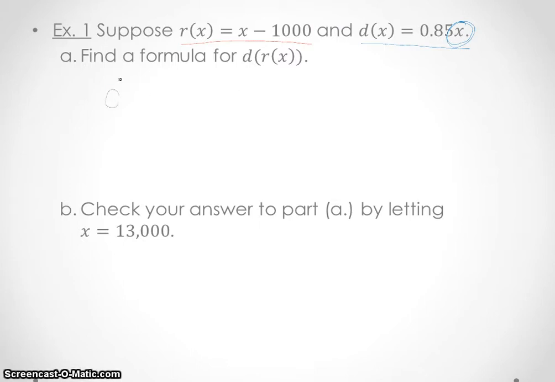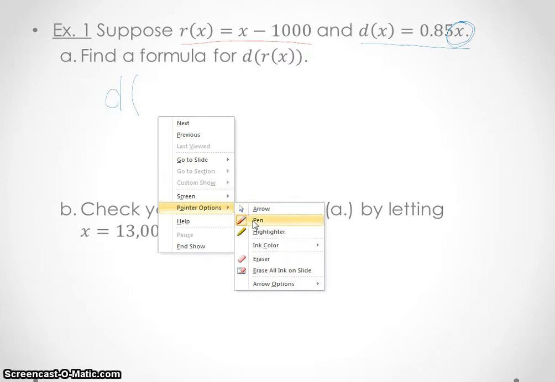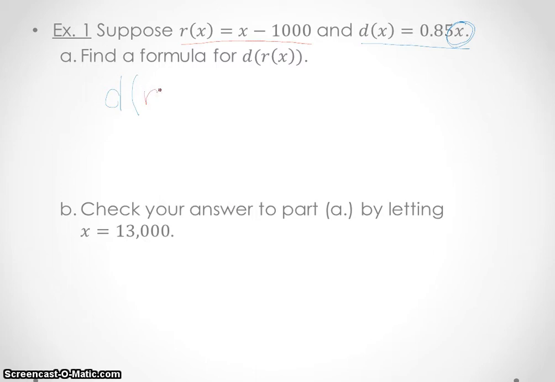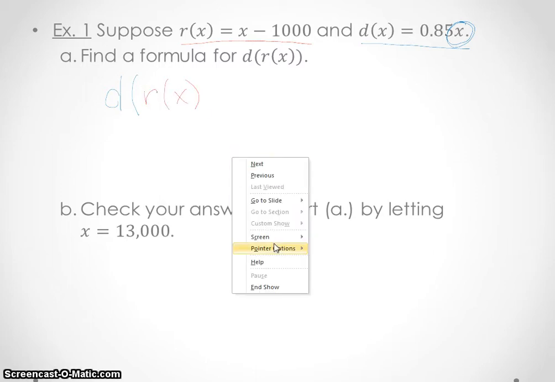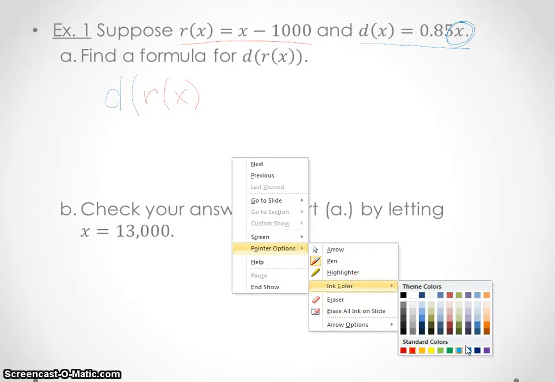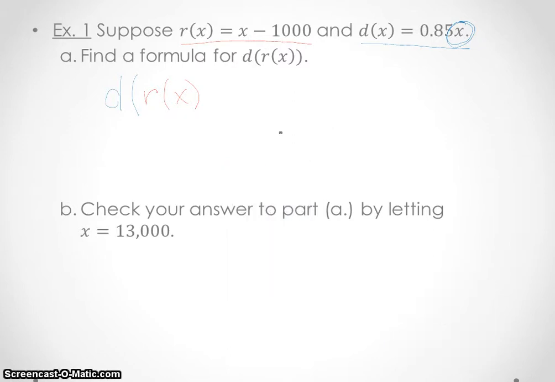So it starts out d of, I'm just going to get a little tricky here. Let's see how good I am with this now. So d of, here's r of x, that's why I switched colors to red. And then we're back to blue for d of x. Okay, so that's all d of x.